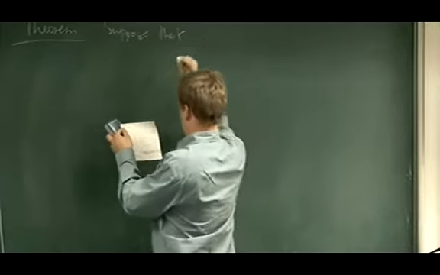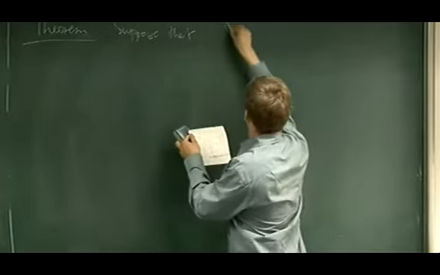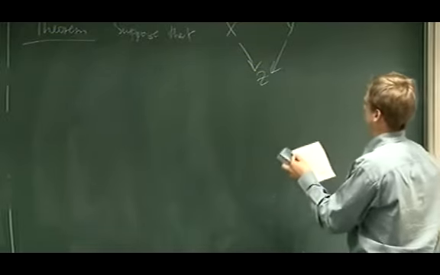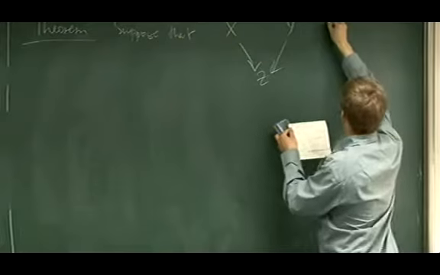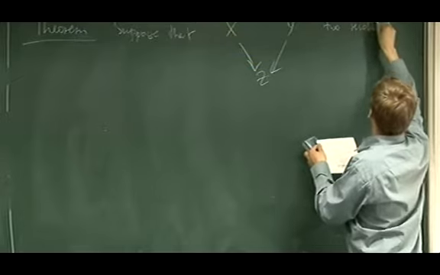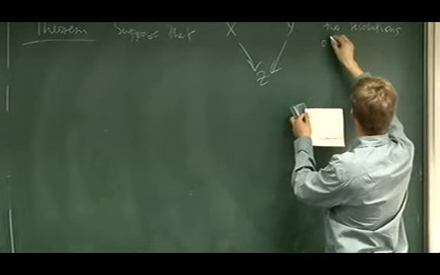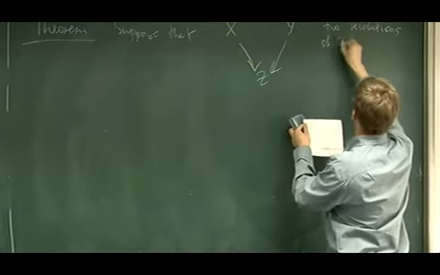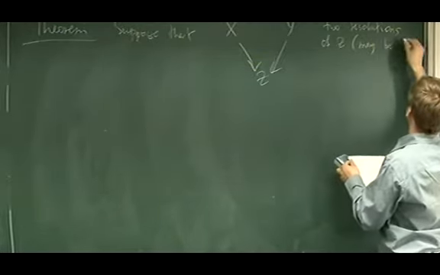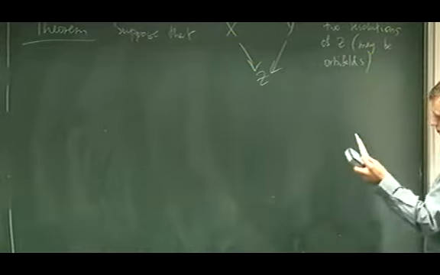Suppose that you have X and you have Y, both of them resolutions of the same variety Z, and maybe they're resolutions in the sense of orbifolds, so maybe they're smooth orbifolds.